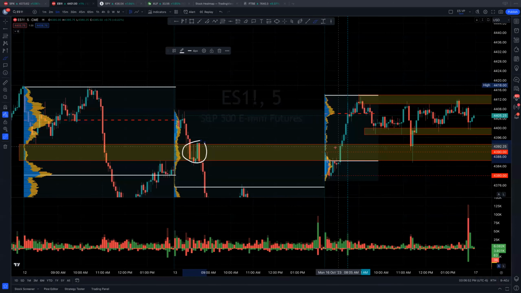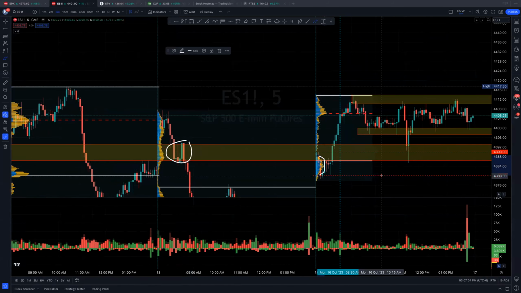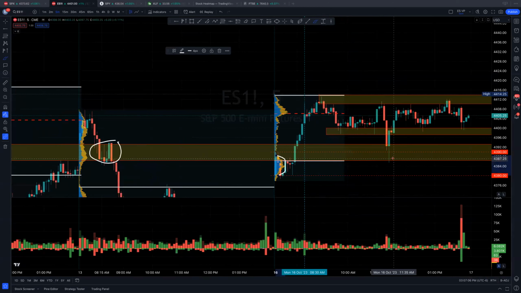And then here we just swept through all this trading here. And we made a low volume node here. This whole thing was a low volume node. And we only had this as high volume node. So I was targeting this area here because of this high volume node.